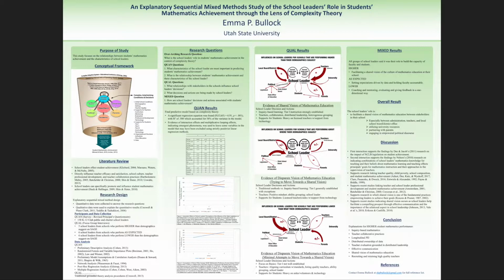And then I also found differences in the way that different stakeholder groups were influencing the school leader, depending on whether they were performing higher as expected or lower than their demographics would suggest. And then I was able to answer the question, basically, what is the role if you want to outperform your demographics? So. All right, thank you.